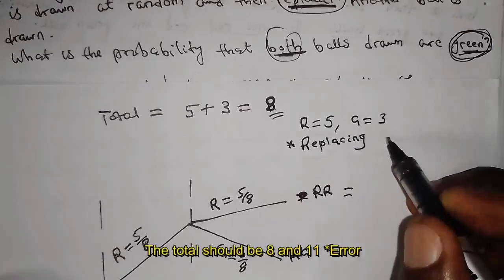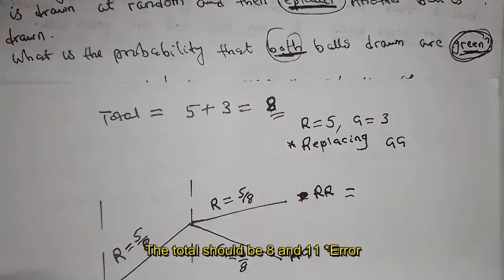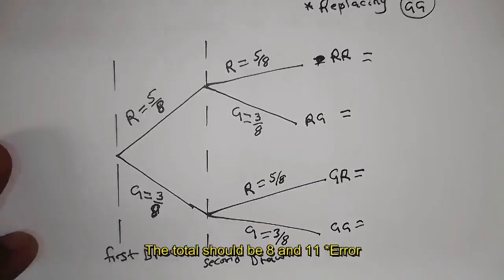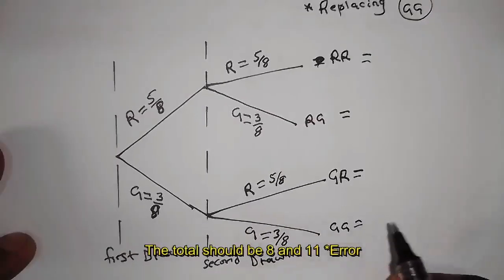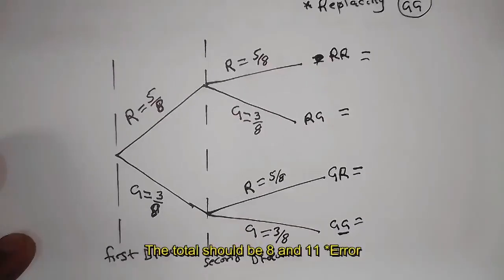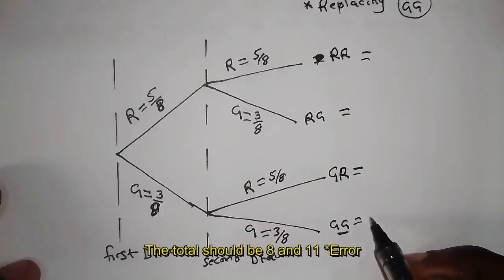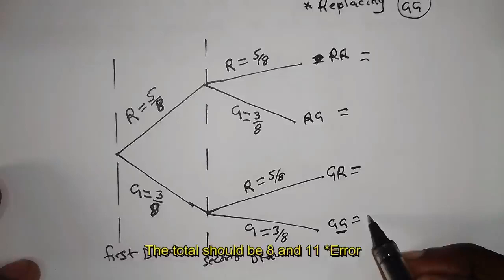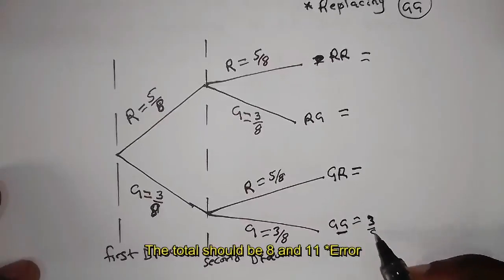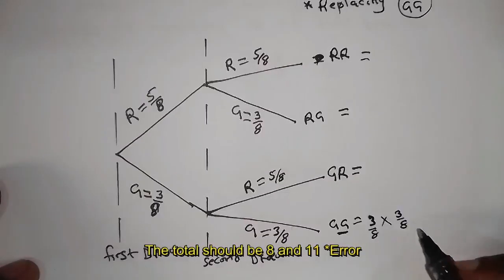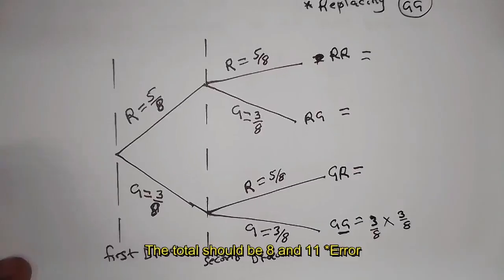So all you have to do is just this part, because this is the one that has this combination of green. So this is going to be 3 out of 8 multiplied by 3 out of 8.